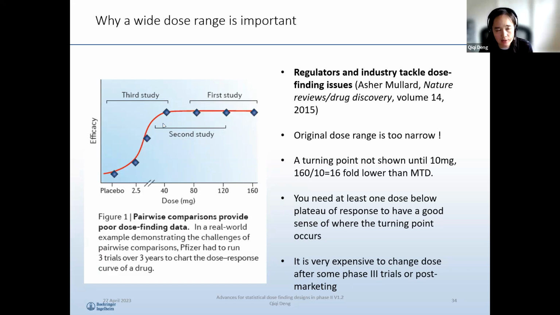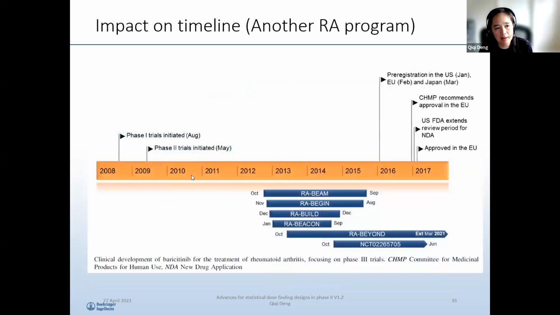Then they tried to add another dose, and found out in the second study that it's still similar, and finally it took 3 studies to find out the real minimal effective dose. So the impact of this repeated dose finding is going to be very big on the project timeline.